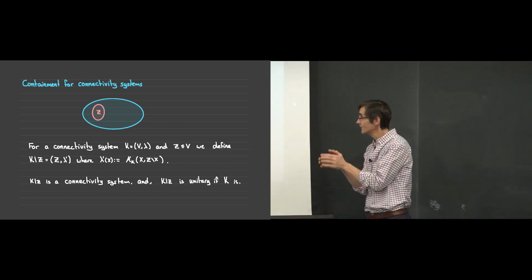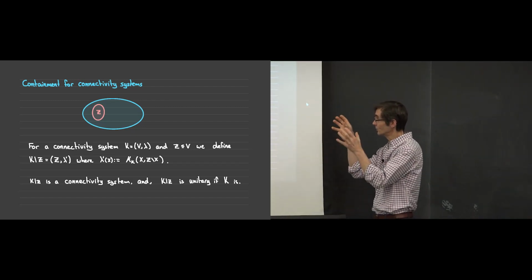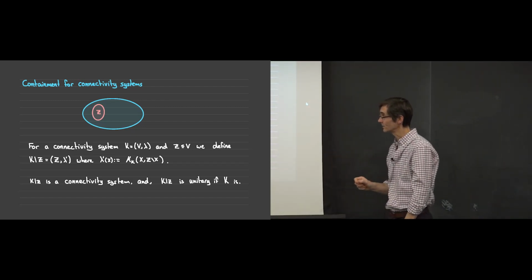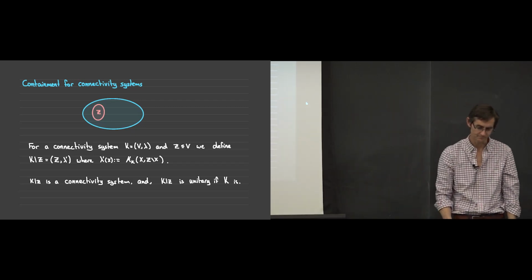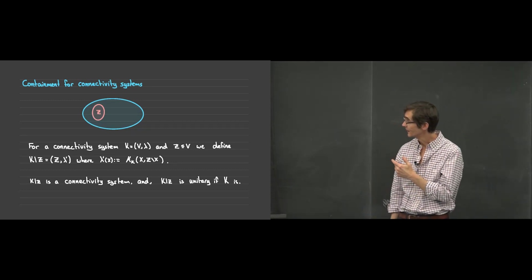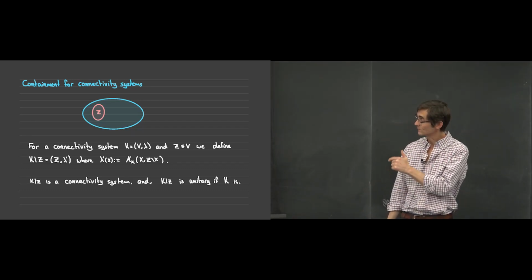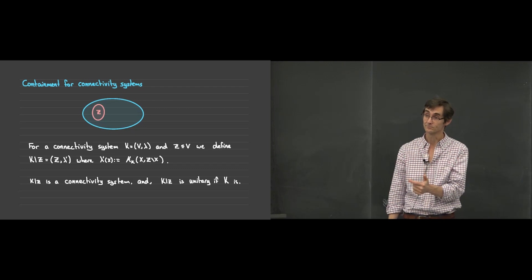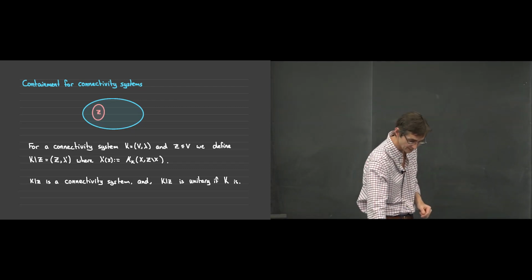So that is an operation that you can do. You can restrict down to some subset of a connectivity system and keep a connectivity system. And in fact, if you started out with a unitary connectivity system, you keep a unitary connectivity system. So that's also nice.